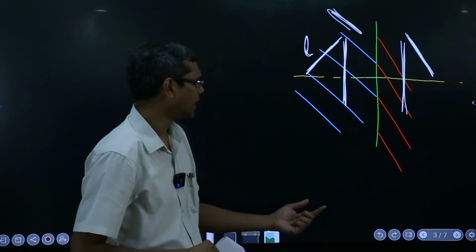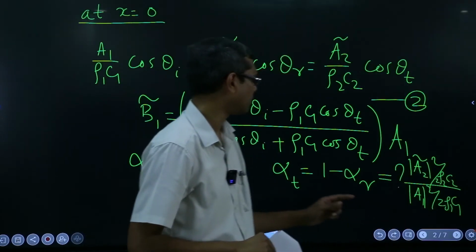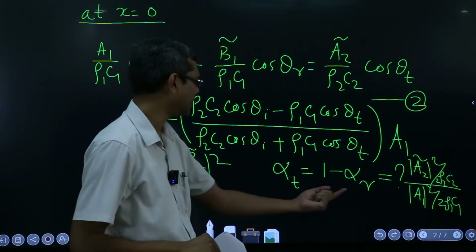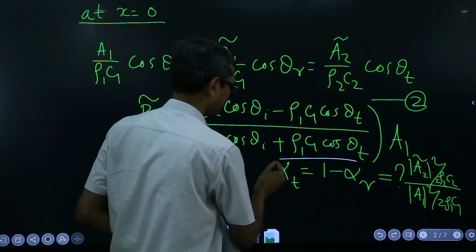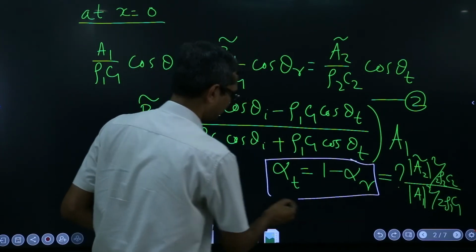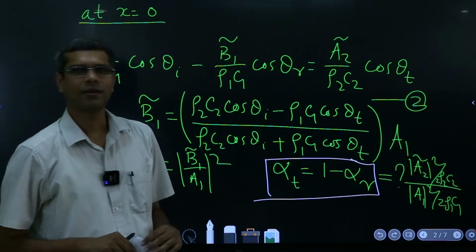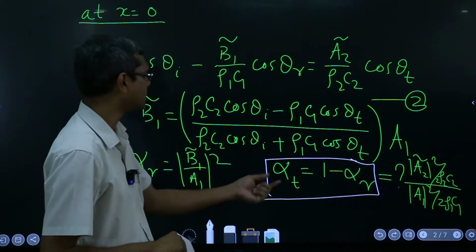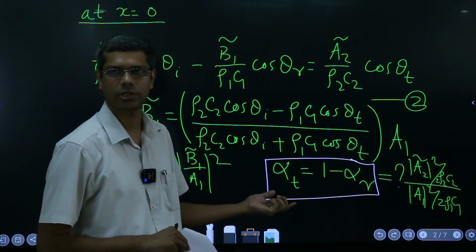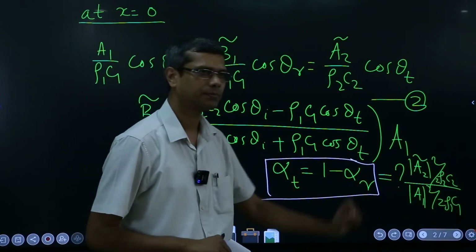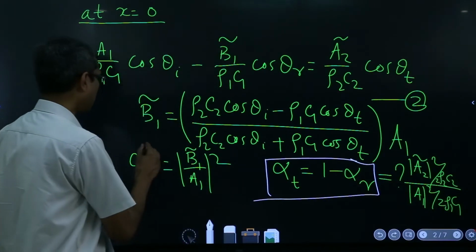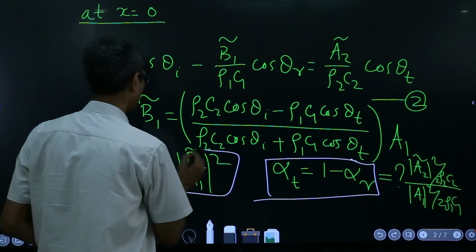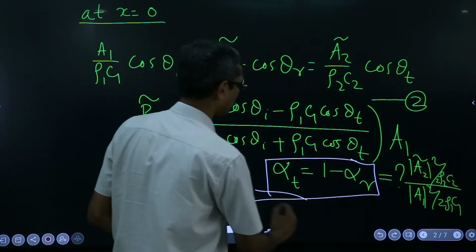So that thing has to be taken into account to calculate the power transmission coefficient, and that is why this is the more physically convincing formula to be used for transmission coefficient, not this one. Okay. So this is the power intensity reflection coefficient, this is the power transmission coefficient.